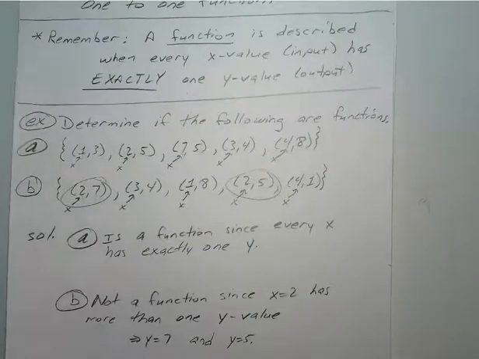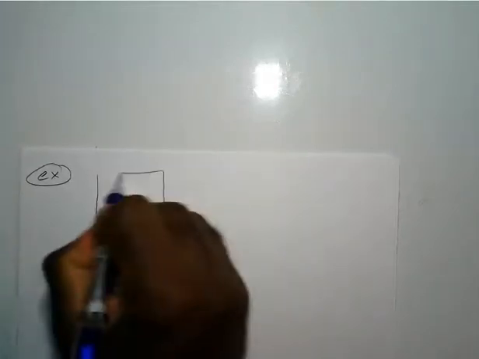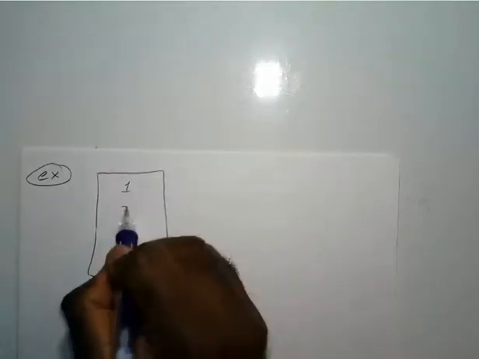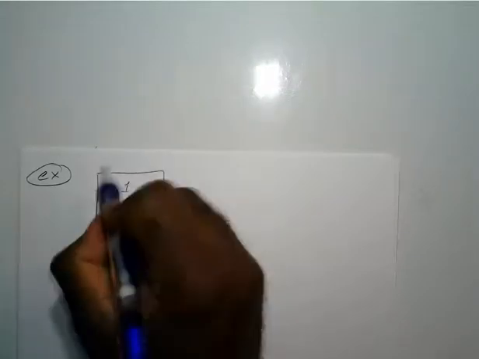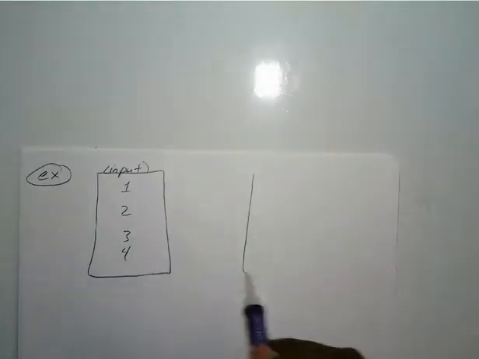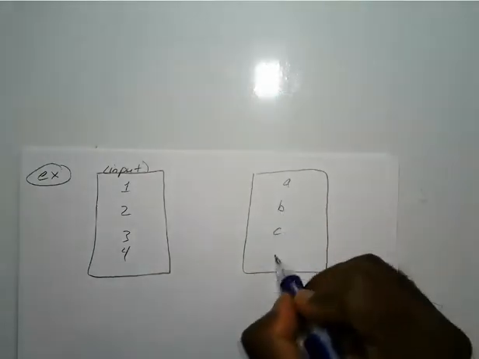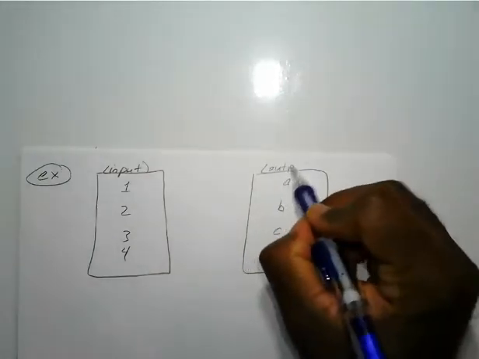Let's look at another example of a function. If you're still writing, feel free to press pause. Let's say you have 1, 2, 3, 4 as your input, and A, B, C, D as your output.